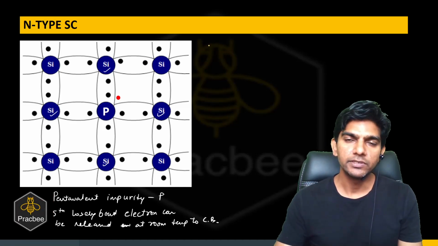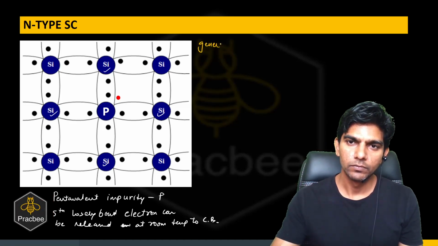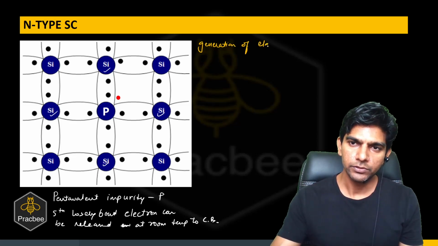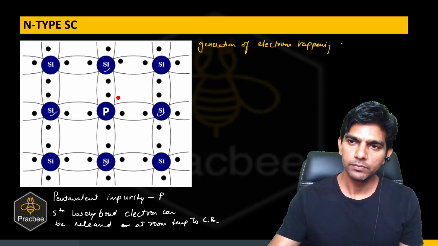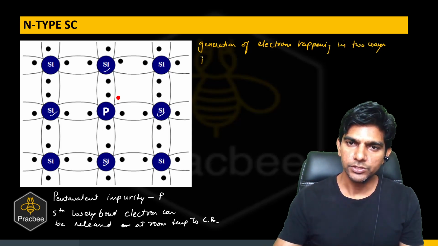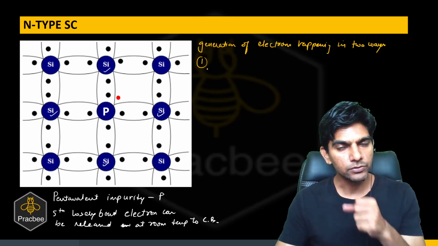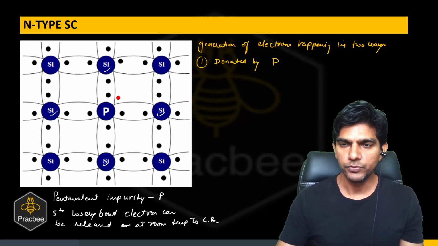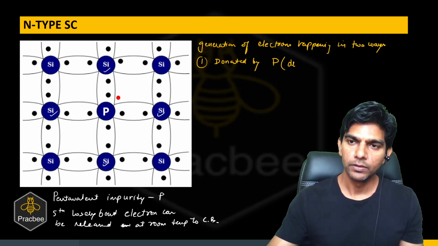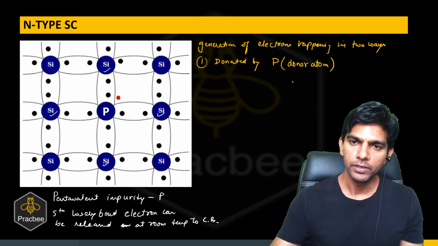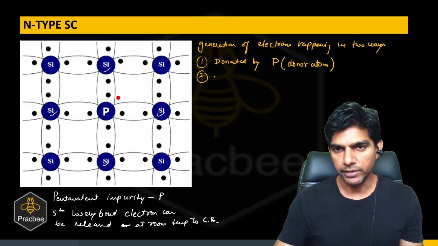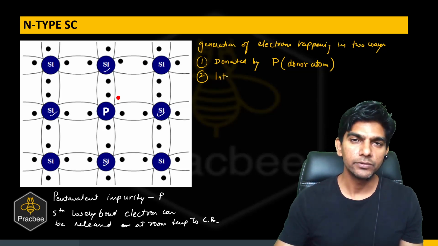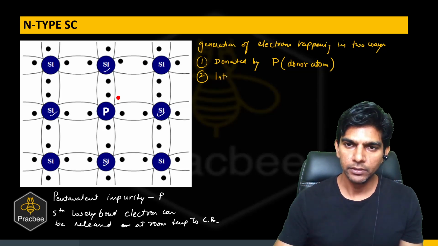Now the generation of electrons is happening in 2 ways. First, some of the electrons will be donated by the phosphorus, which is our donor atom. And second, intrinsically: when a bond breaks, we have some free electrons which move to the conduction band.